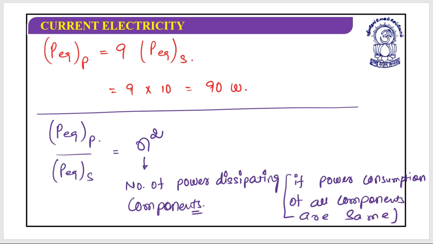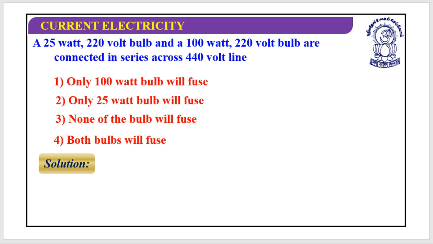P equivalent in parallel to P equivalent in series would be equal to n square, and n is the number of power dissipating components. This is very important. Please remember this. This will help us. Is it clear? Great. So ready for the next question?